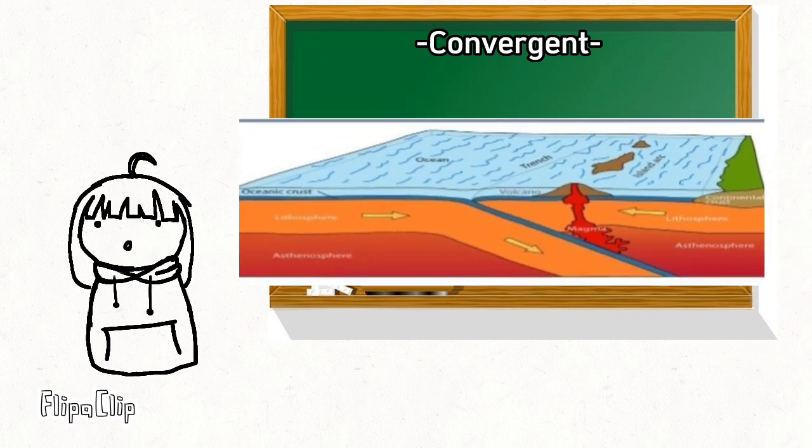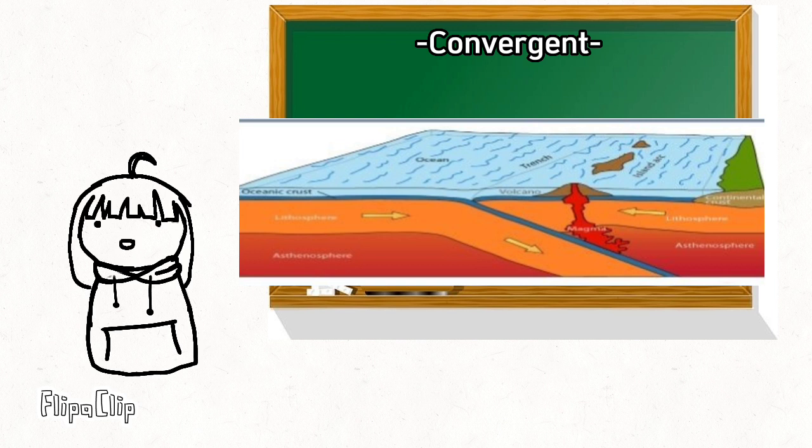Next is oceanic to oceanic convergent. Like the continental to oceanic convergent, this also has subduction, volcanic island arc, and trenches. But instead of having volcanoes on islands, we will have volcanoes under the sea.